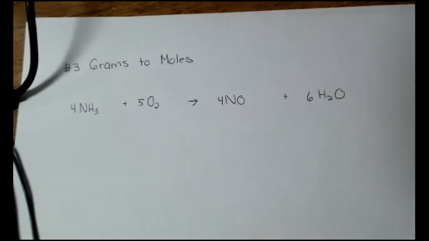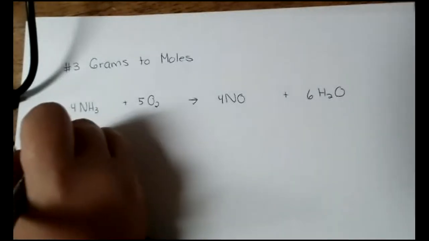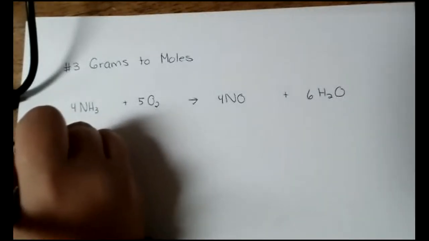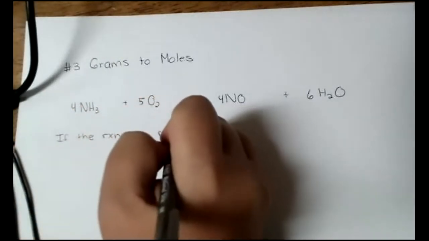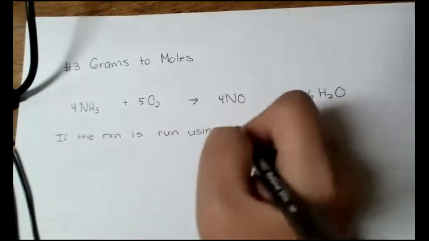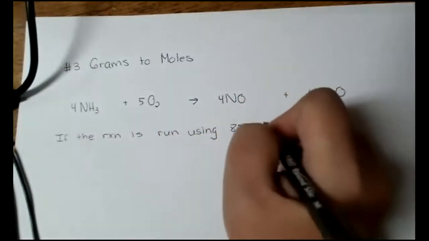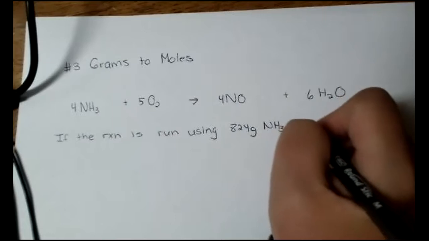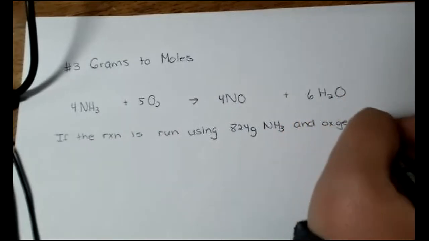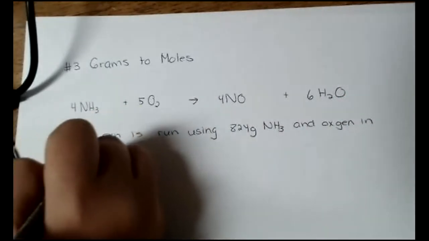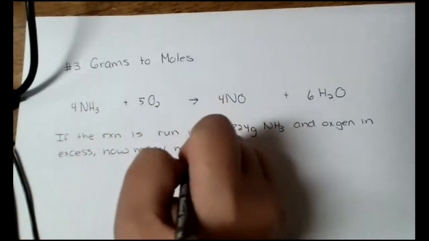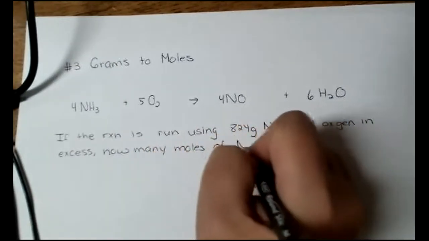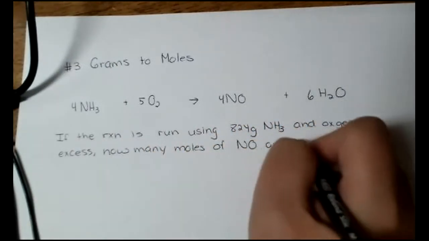Okay, so they want us to work a couple problems out of this one. So the first problem is, if the reaction is run using 824 grams of NH3 and oxygen in excess, how many moles of nitrogen monoxide are formed?